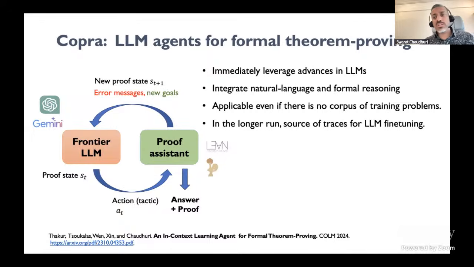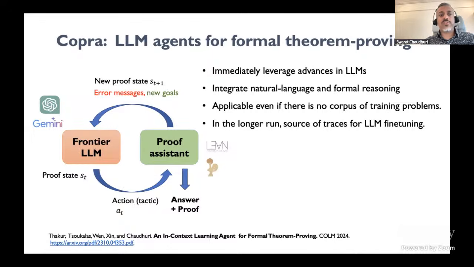Now, one question that you may have is, do I really need to even have Lean in that case? Couldn't I just rely on the LLM alone? And I would say that the difference here is that this interaction with the proof assistant is still providing a very strong form of grounding.